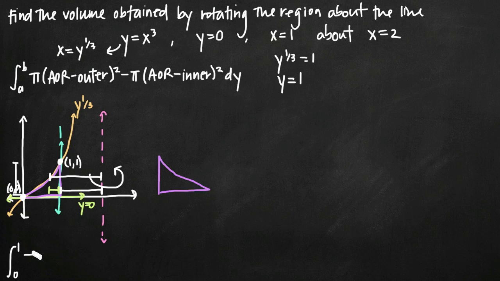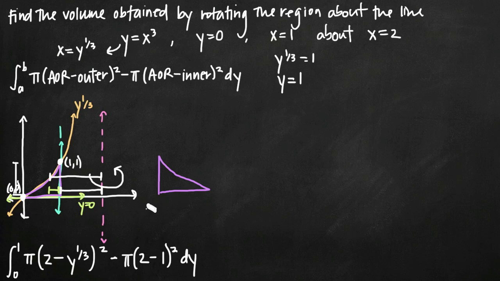So we have 0 to 1 of pi times axis of rotation 2 minus the outer curve. And the equation of the outer curve is y to the 1/3. So y to the 1/3 power squared minus pi times axis of rotation minus the inner curve, which we know is x equals 1. So we just get 1 there, squared, and then dy.